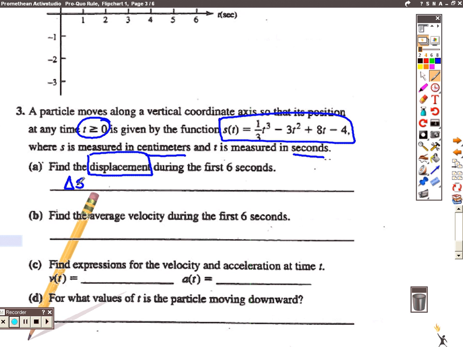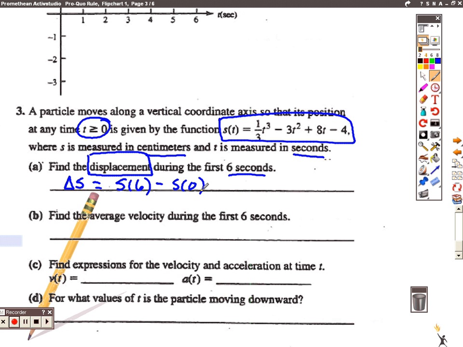So I'm going to have to find over the first 6 seconds, so that would be S of 6. In other words, where is the particle at 6 seconds? I'm going to take the position function, minus where was the particle initially, and you can see easily by substituting in 0 that the particle was at -4. And you would use your calculator to calculate the position at 6 and go from there.